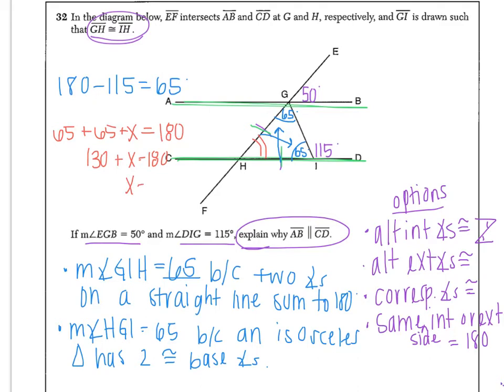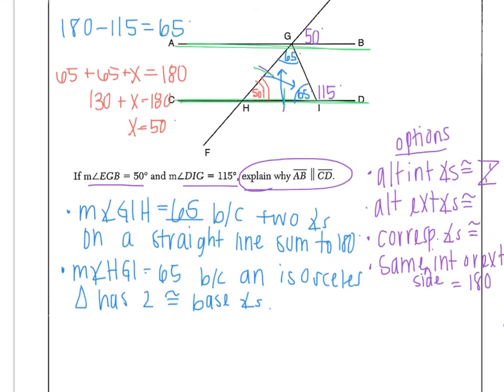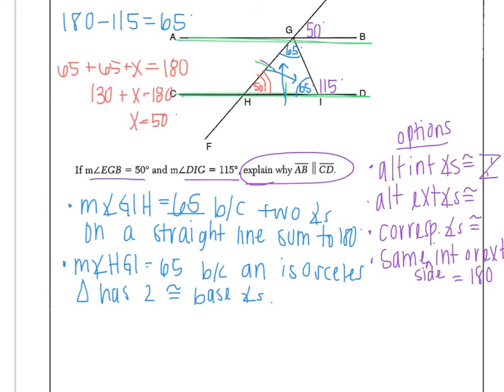Subtract 130, so now I find out that X is supposed to be equal to 50. That's interesting because there's another 50 on my paper. We'll think about that other 50 in a second. So I'm going to state that the measure of angle GHI equals 50 degrees because three angles in a triangle sum to 180.